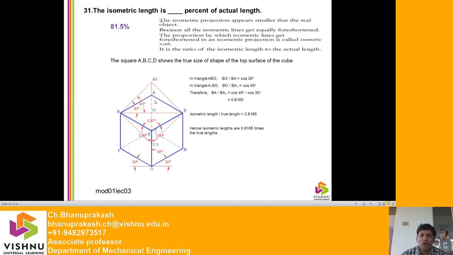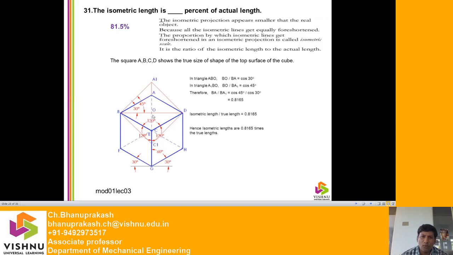Now we will see the small derivation here. Take triangle ABO into consideration and triangle A dash BO into consideration. Therefore, BA by BA dash. BA is the isometric length, BA dash is the actual length. So BO by BA, that is cos 30.